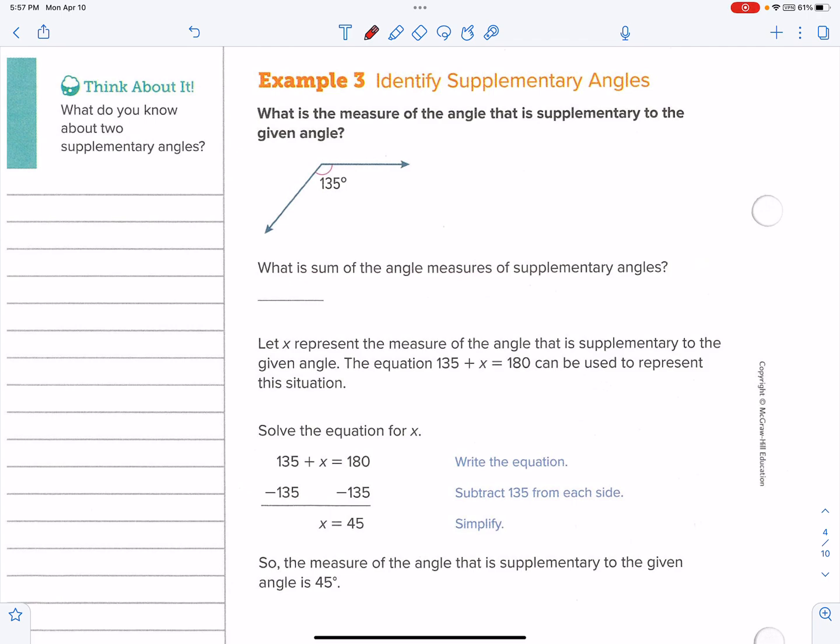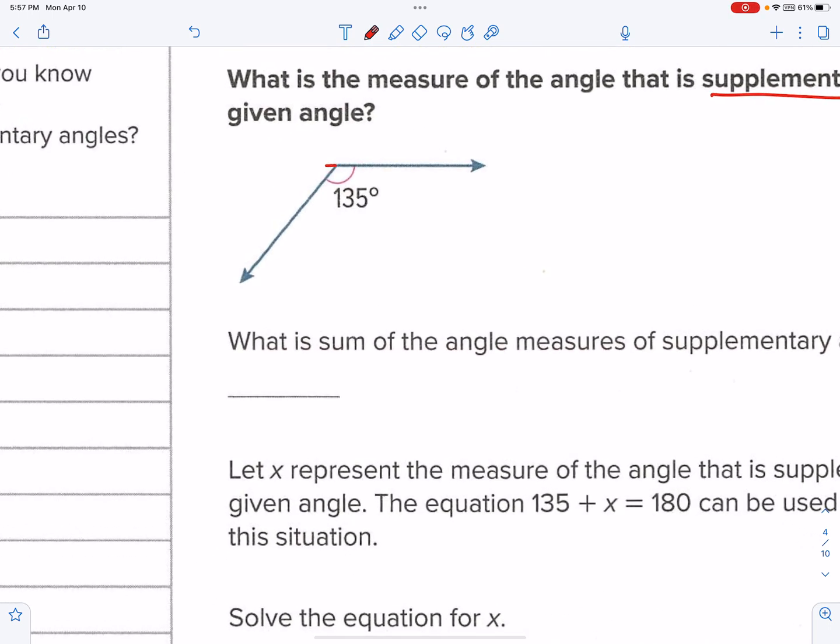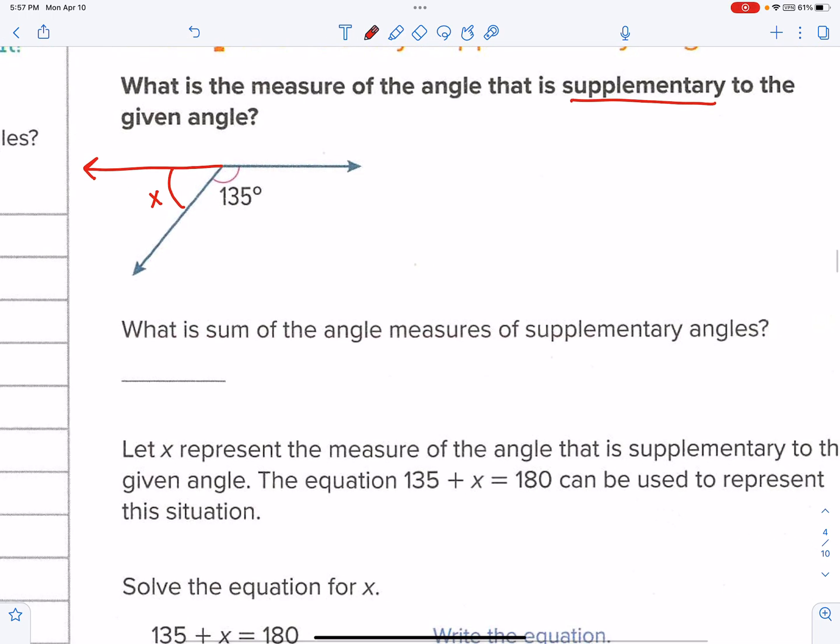They're giving you an angle and they're asking what is the angle that is supplementary. Notice a lot of times they don't show you the full straight line. Okay, and so you're going to have to extend to help visualize that. And so we're wondering what this is. So let's go ahead and plug x into this spot here.